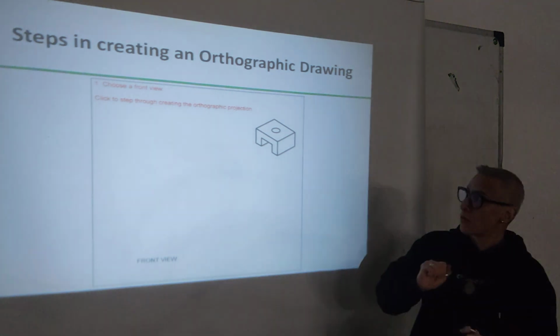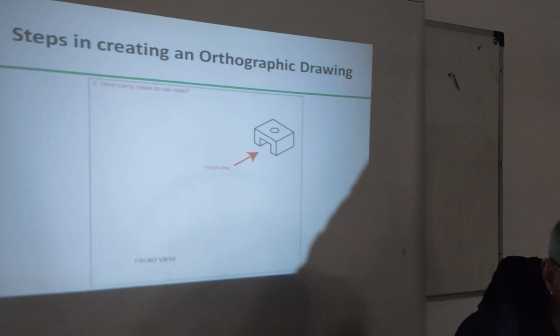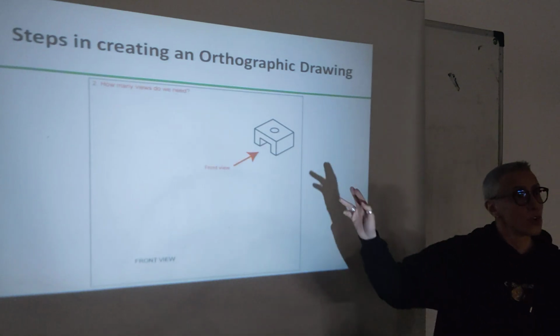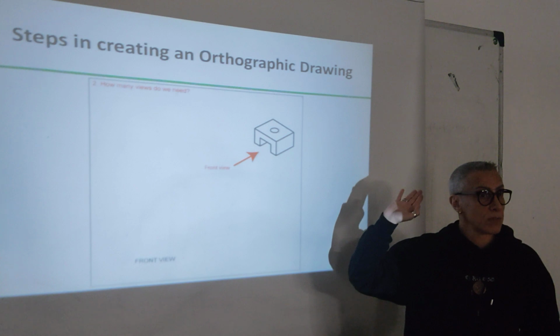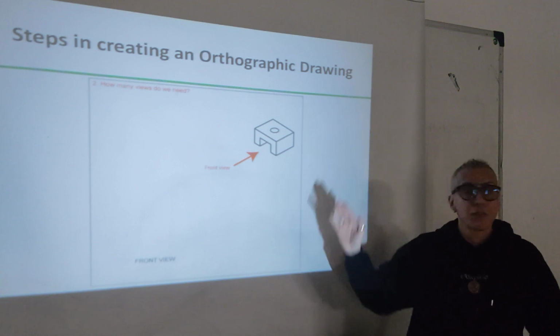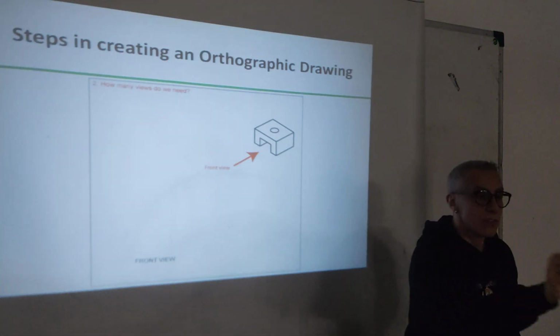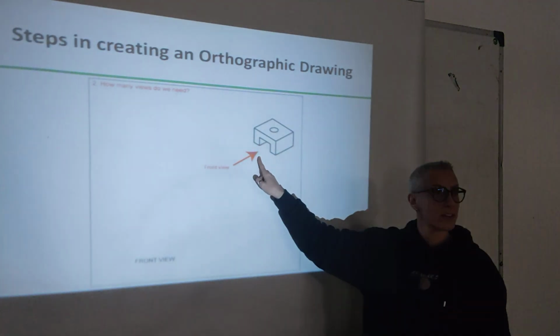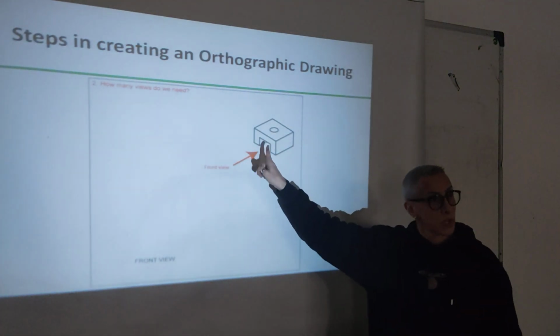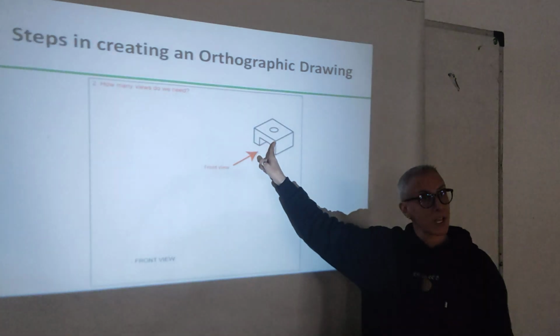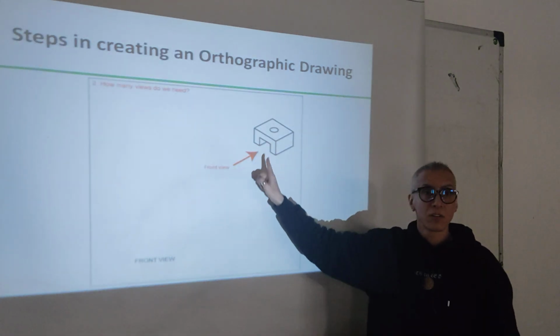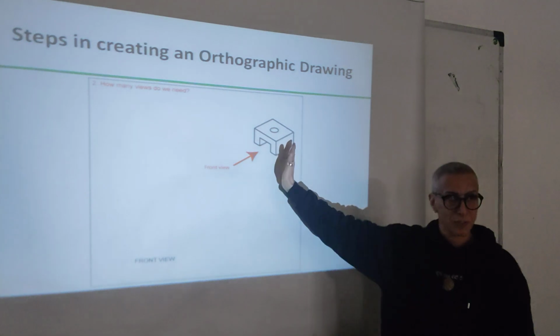Okay, now the first thing you do, we need to know where the front view is. You need to decide where the front view is. Sometimes when I tell you this is the front view and it's marked like this, you must use this side as the front view, on all the drawings in the same view.